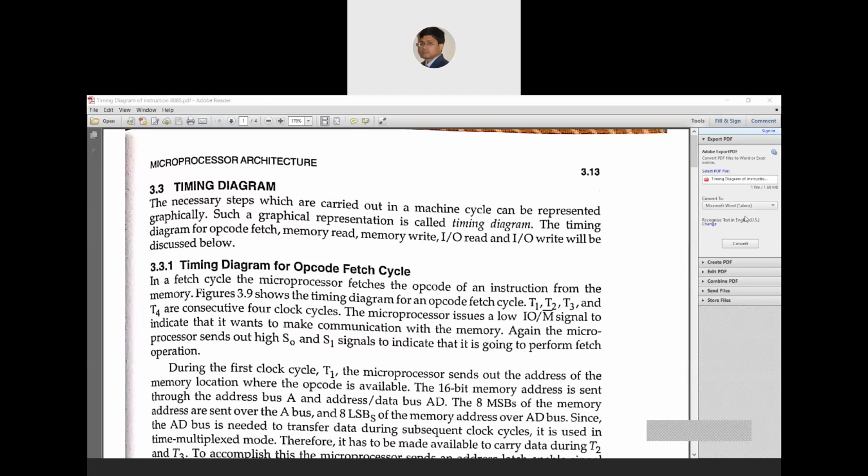Okay, so this is the introduction of timing diagram. As I have mentioned, there are different kinds of operations like opcode fetch, memory read, memory write, IO read, IO write. So you can find different kinds of timing diagrams.